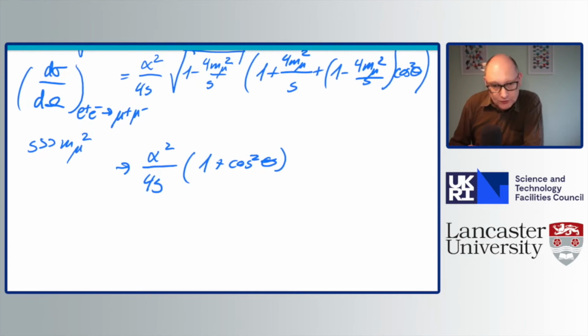Now, if we wanted the total cross-section, we can find this by actually performing the phase-space integral. The phase-space integral that's left is just the angular integral.